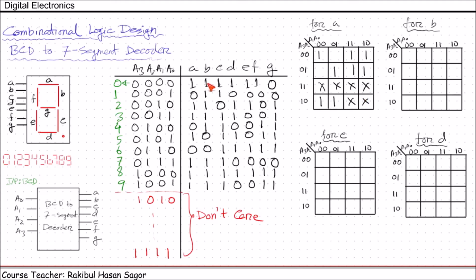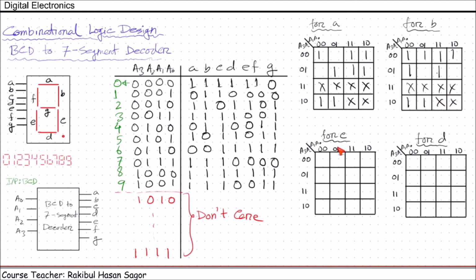Similarly for B, we have ones at 0, 1, 2, 3, 4, then 5, 0 at 6, 1 at 7, 8, 9. These are the don't care conditions.